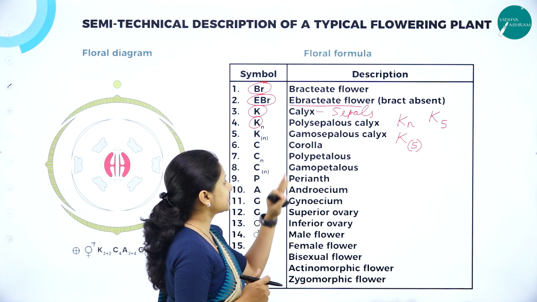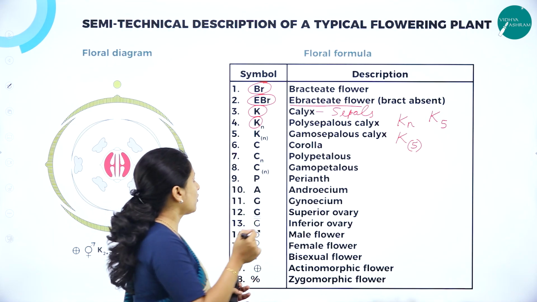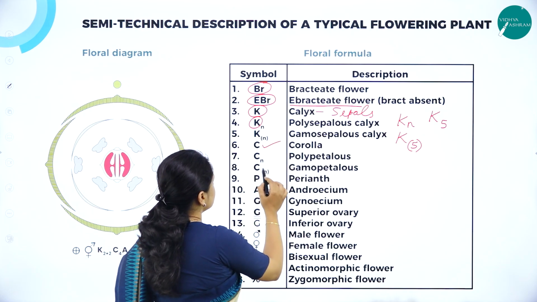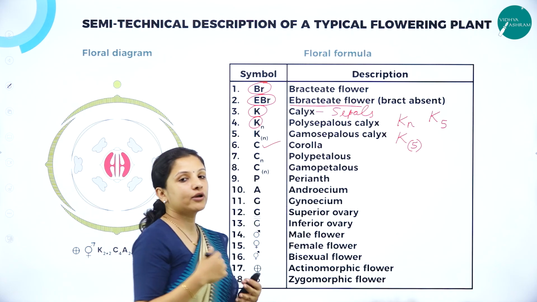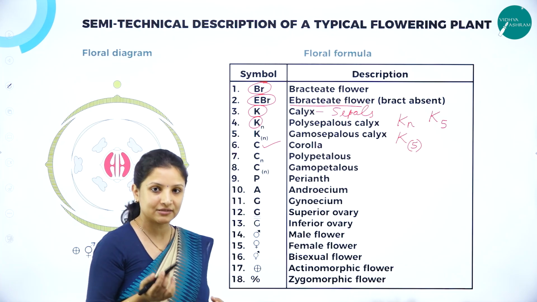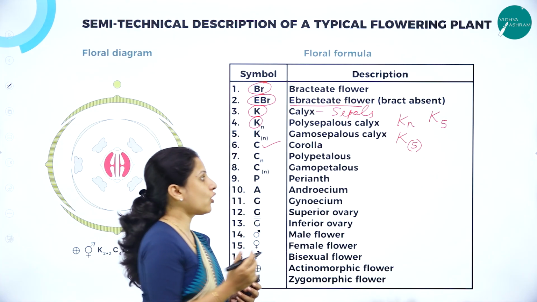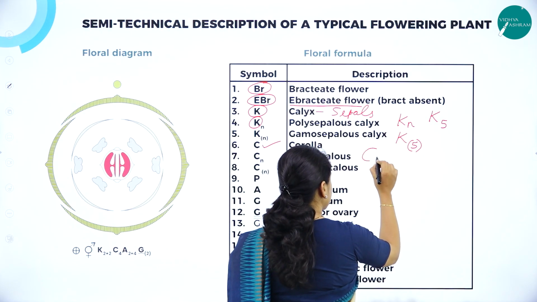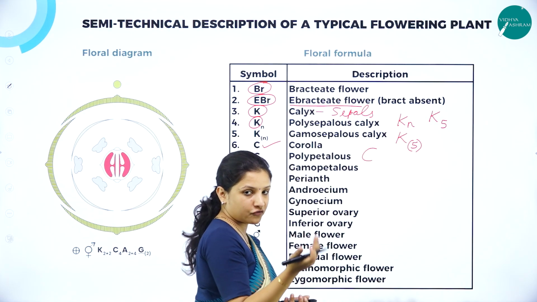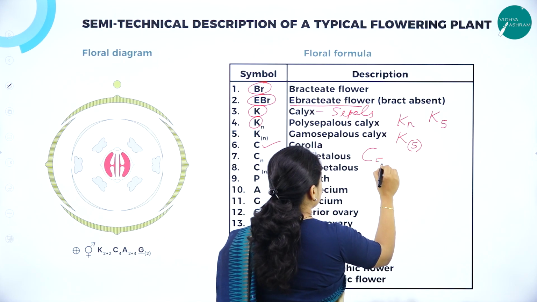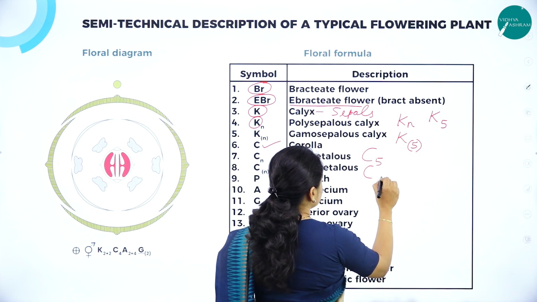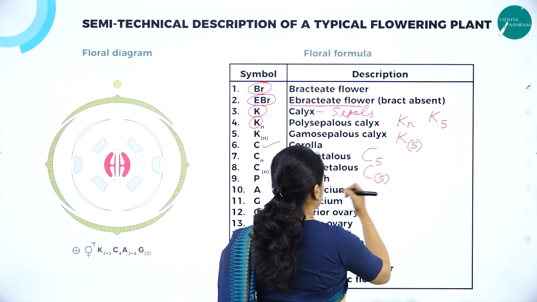And talking about the next whorl, corolla. For corolla, capital C is used, and here the terms polypetalous and gamopetalous are used. If the petals are free, we call it polypetalous. If 5 petals are free, we write C5. And if the petals are fused, we write 5 in a bracket.